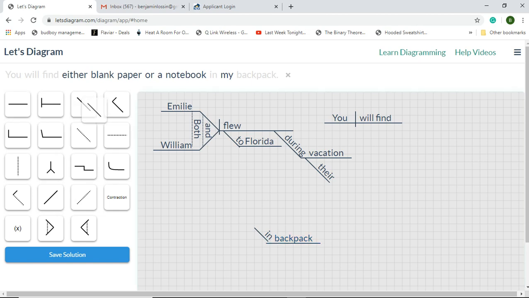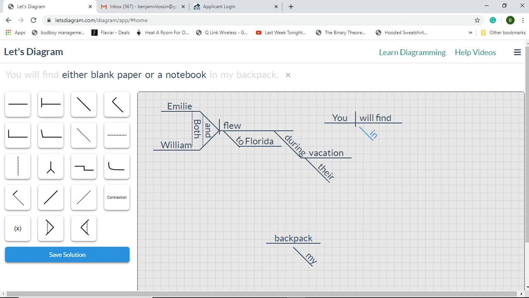And my is an adjective modifying backpack. Whose backpack? My backpack. So in is the preposition. Backpack, object of the preposition. My. Okay, it's going to look like that.